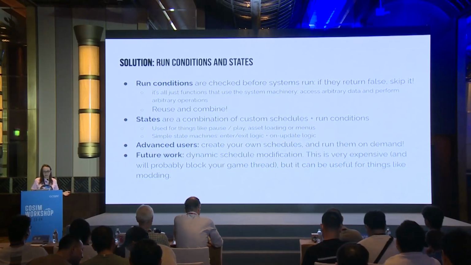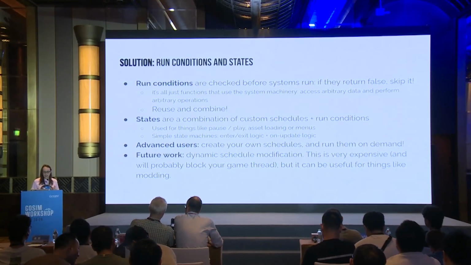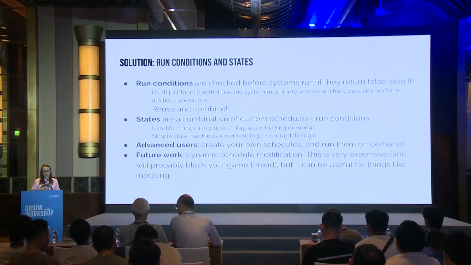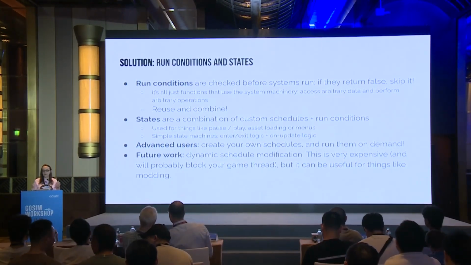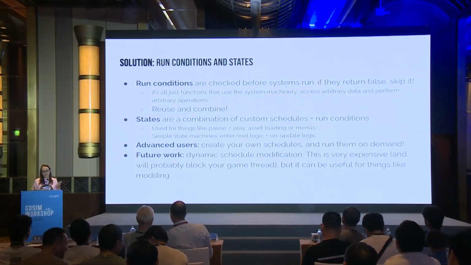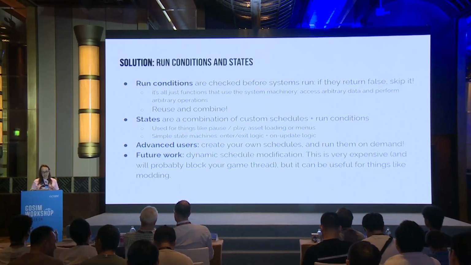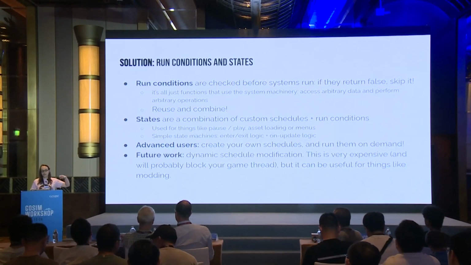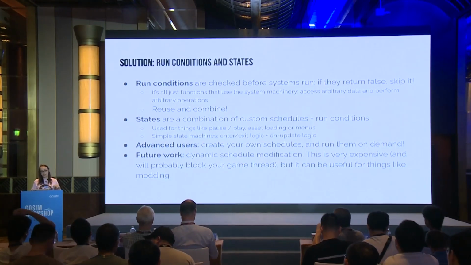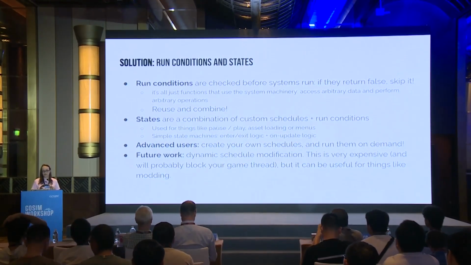If it returns true, the system does run. These are just ordinary functions that can access arbitrary data from the world in a read-only way, because Rust is cool. And you can use these and combine them to create really complex behaviors in a way that saves you substantial performance.